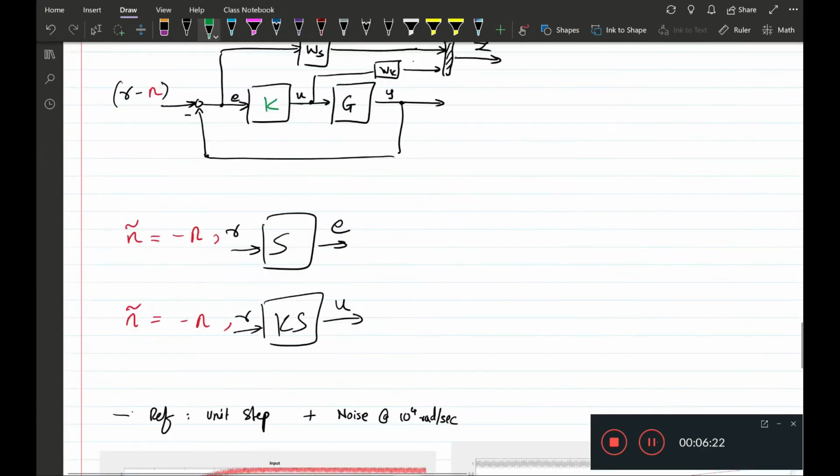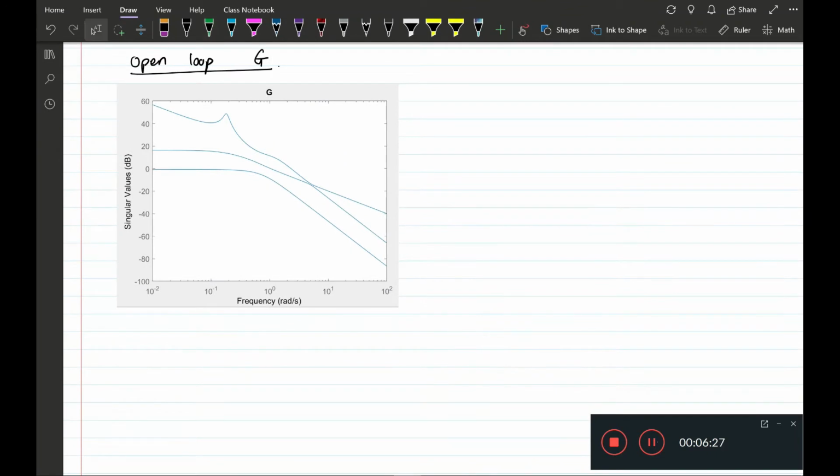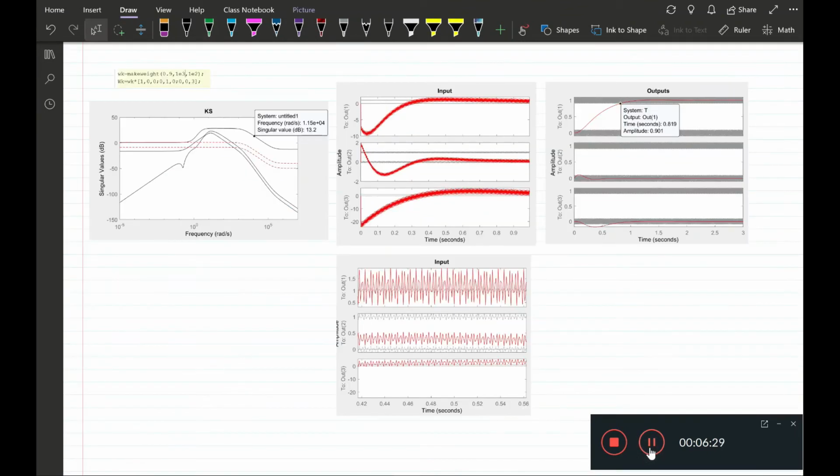So let's see what we can do for the shaping filter WK. As a first modification, we try this shaping filter for WK. We keep the WS as it is.